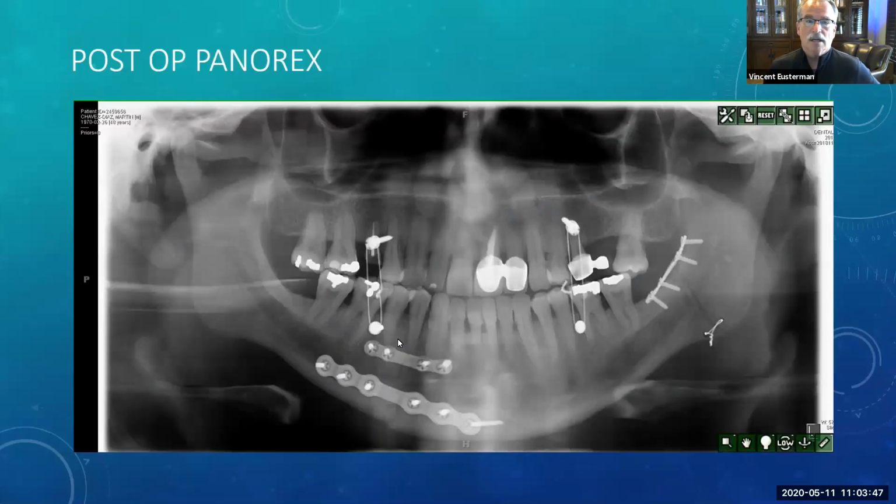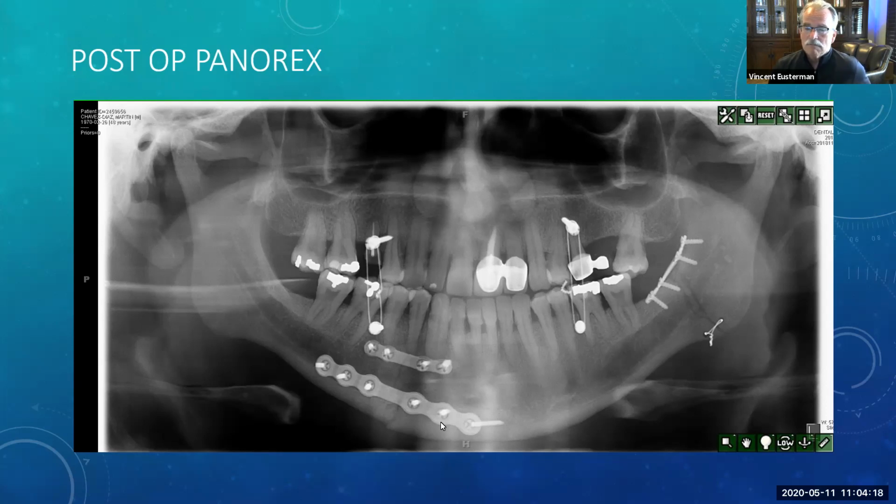So under treatment for this patient, we fix the upper border or the external oblique ridge with a Champy plate and then a small open procedure for the inferior border with wire osteosynthesis. We utilized IMF screws or MMF screws for our occlusion and to help keep the wounds stable while the patient was healing.